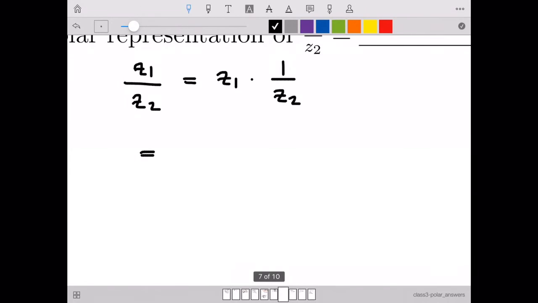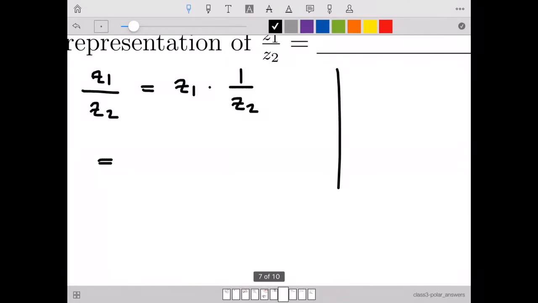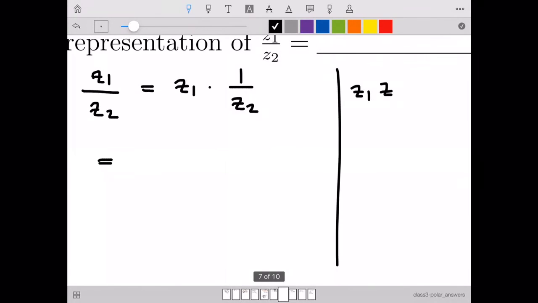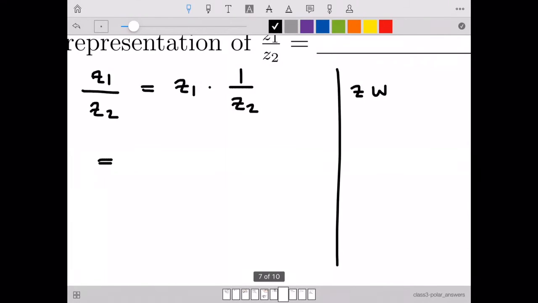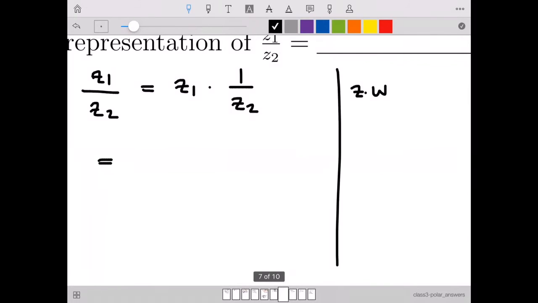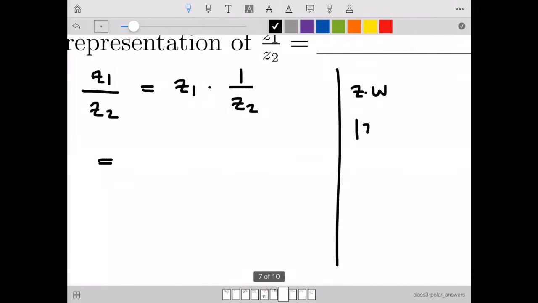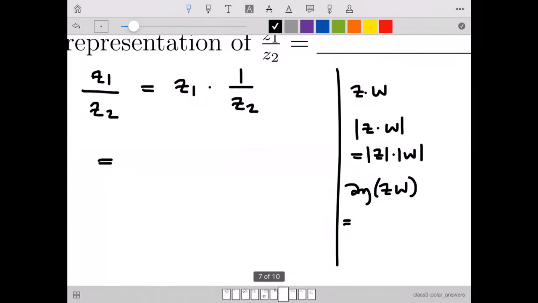From previous discussion, if we have two complex numbers z and w, then absolute value of zw is absolute value z times absolute value w, and an argument of the product zw is an argument of z plus an argument of w.